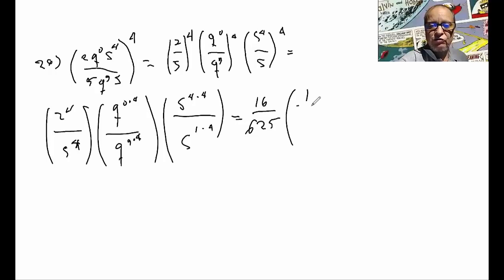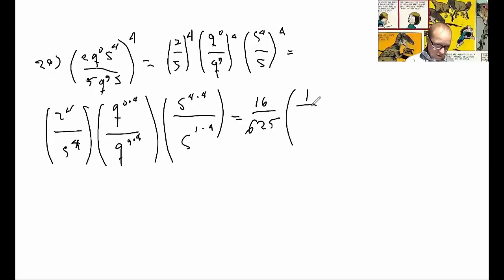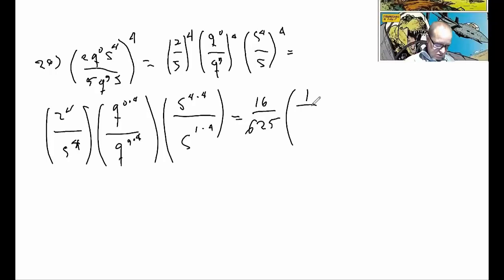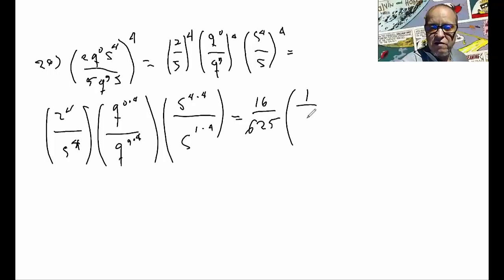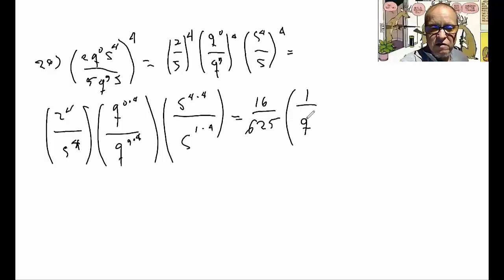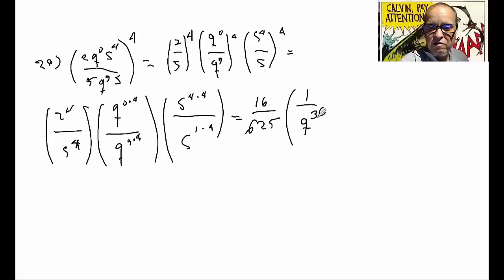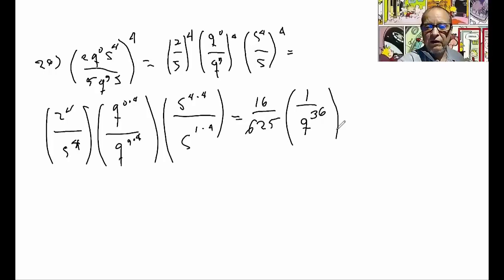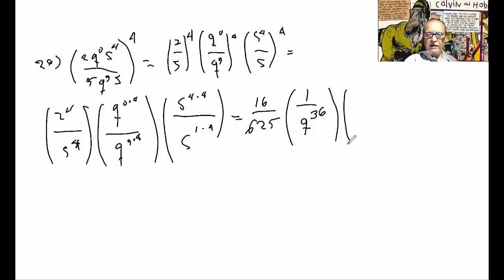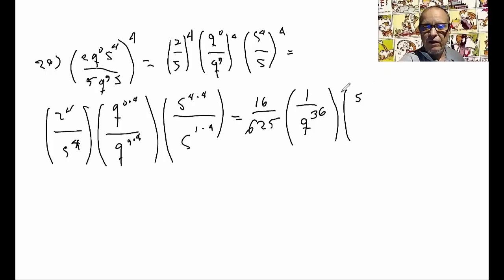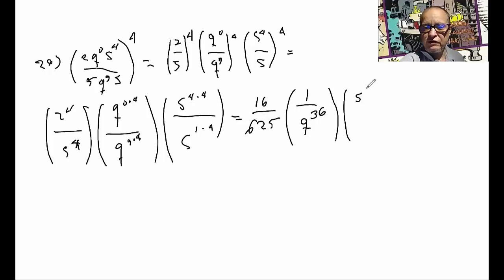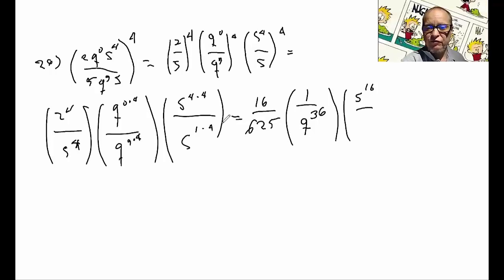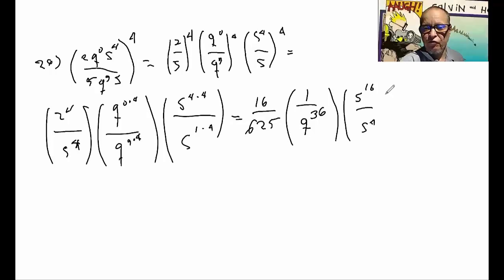So that's just going to be 1 over q to the 36. And then for my last part, I have my s's, 4 times 4 is 16, and then s, 1 times 4 is 4, s to the 4th.